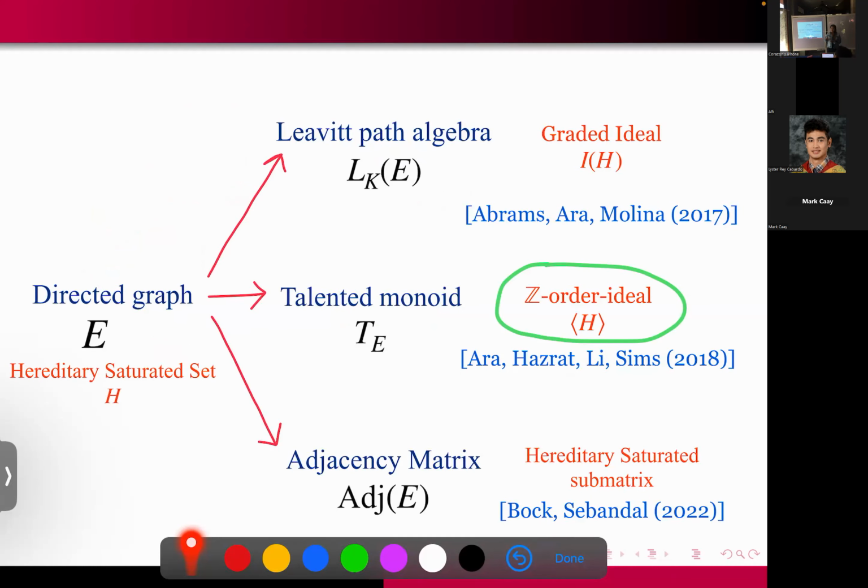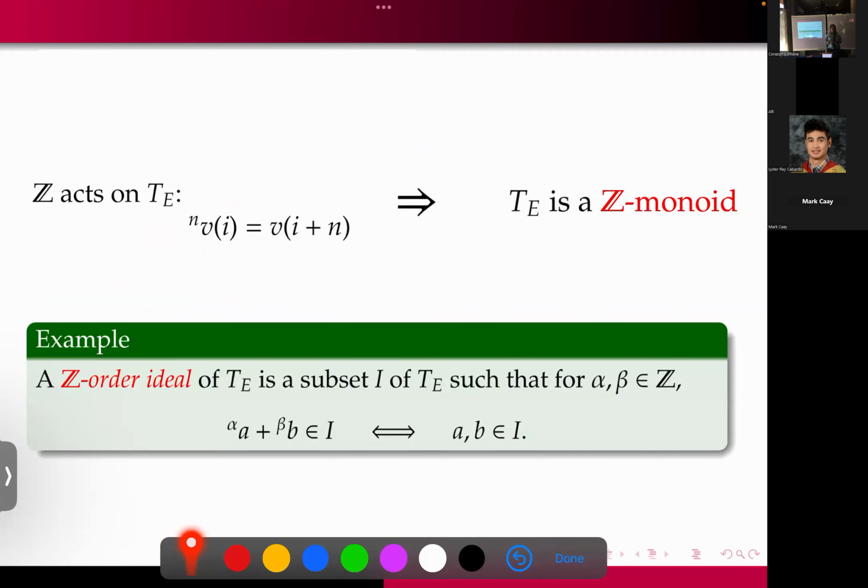Now, Z-order ideals. But what first is a Z-order ideal? The set of integers, that's why it's called Z-order ideal. Actually, this is why Z is coming into the game, because the set of integers is acting on the talented monoid via monoid automorphism, or rather via shifting of indices.